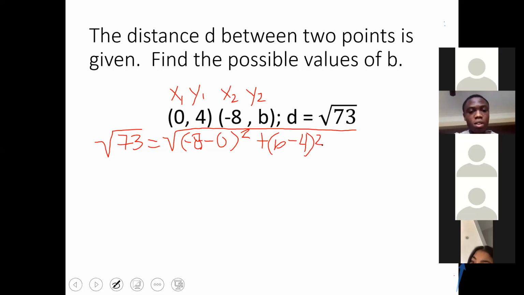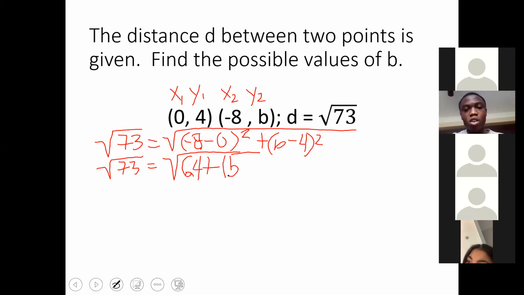All right. So now this is going to be the square root of 73 equal, the square root, then -8 squared, so that would be 64. Plus this, which is b minus 4. Let's just factor it right away. No, don't factor it right away.